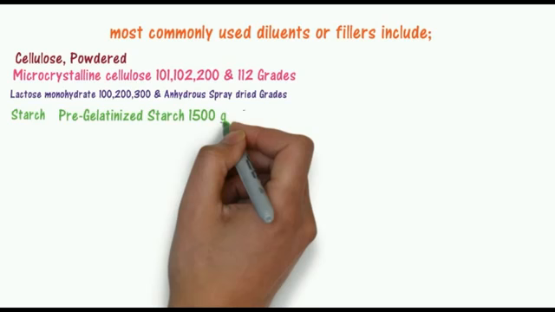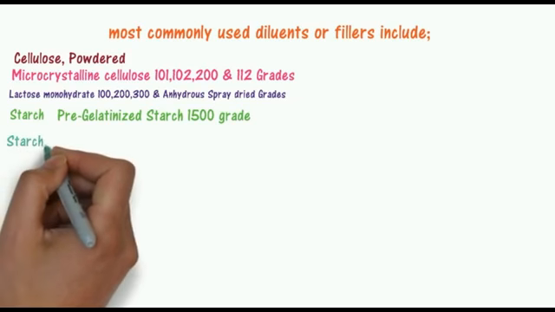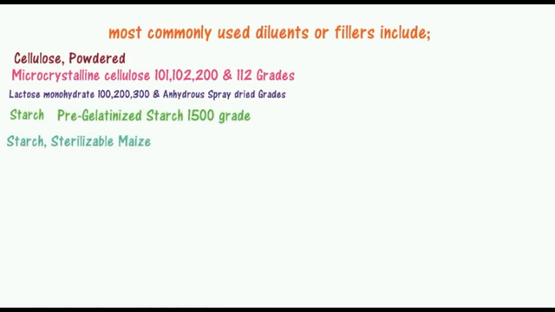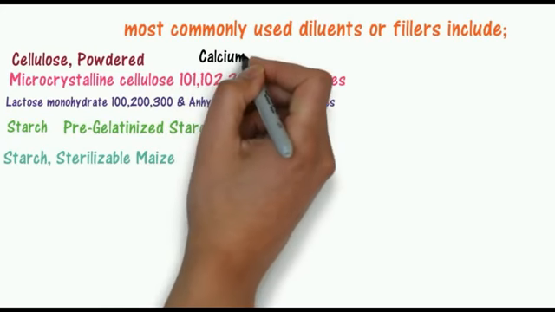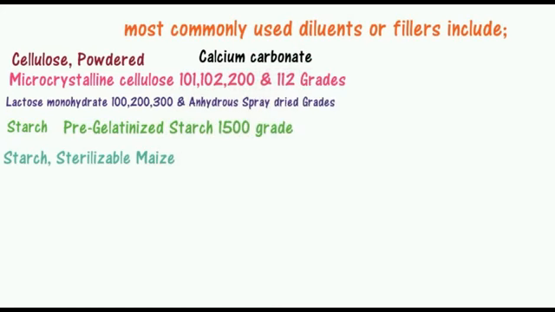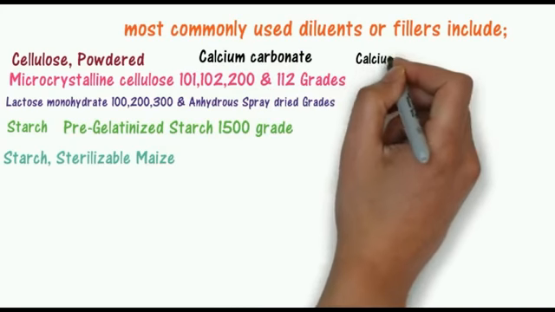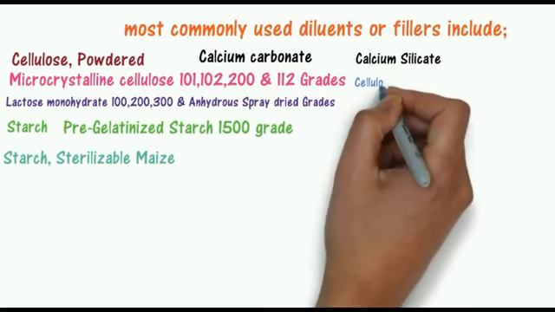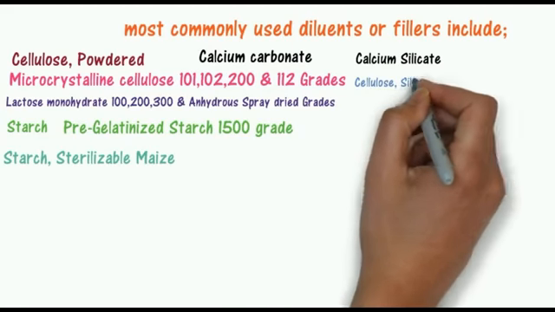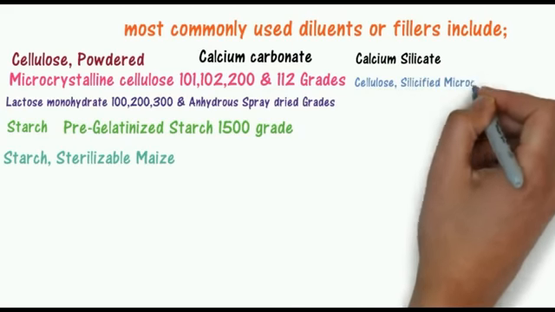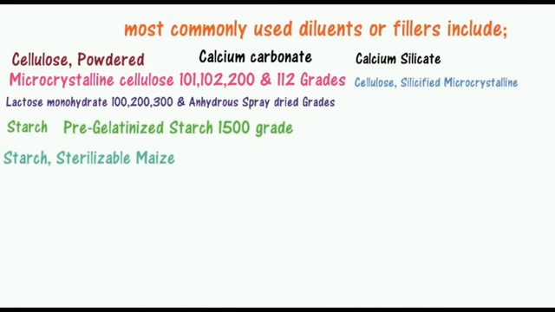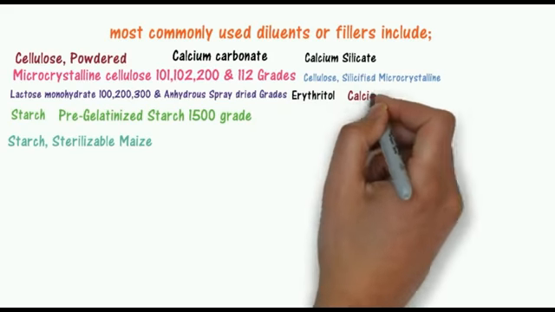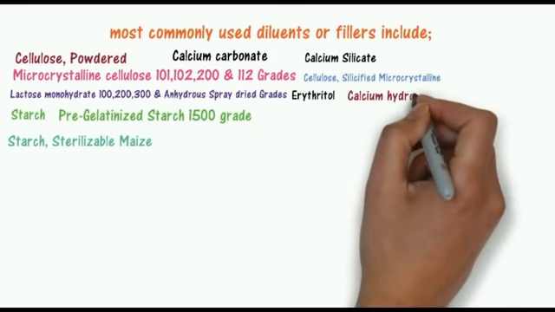Starch and then pre-gelatinized starch 1500 grade. Starch sterilizable maize, calcium carbonate and then calcium silicate, silicified microcrystalline cellulose, which also contains Aerosil or colloidal silicon dioxide.